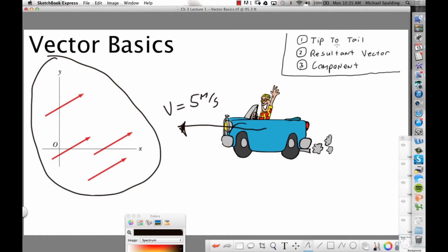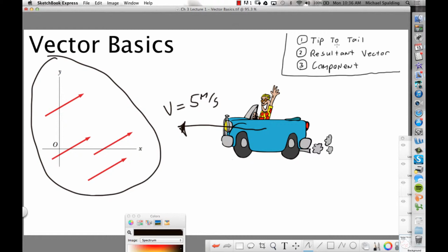Okay? Next term, resultant vector. The resultant vector is the answer that you're looking for when you're adding up 2 or more vectors. If you're taking 2 or more vectors and adding them together, the answer that you're looking for is referred to as the resultant vector.